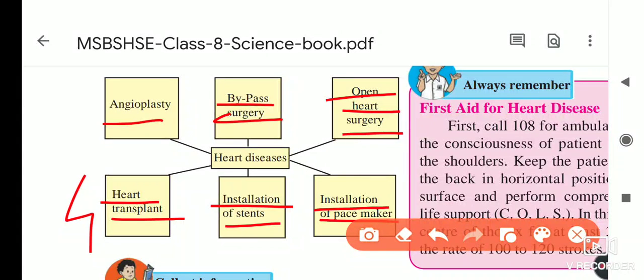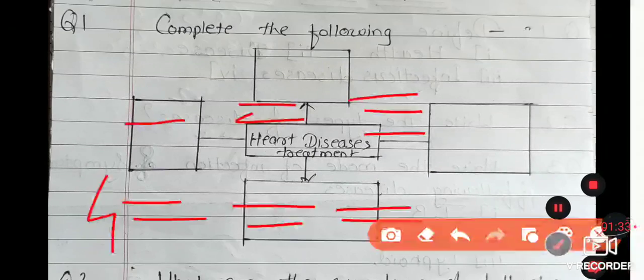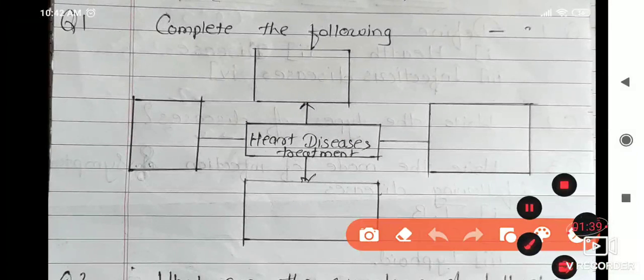That is the open book test. Inside that activity you have to write any 4 treatments for heart diseases. This is the first question.